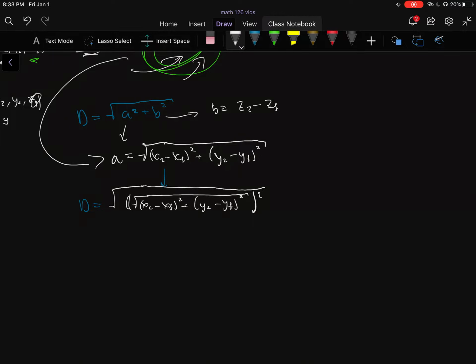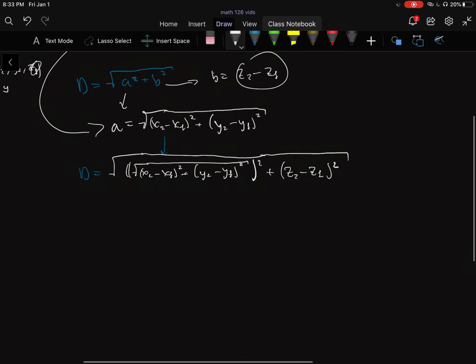And then our b squared is just going to be this b value squared, so it's just going to be z2 minus z1 squared. We can simplify this part right here by removing the radical, because we are squaring it.